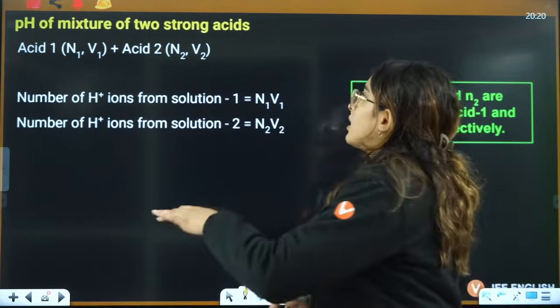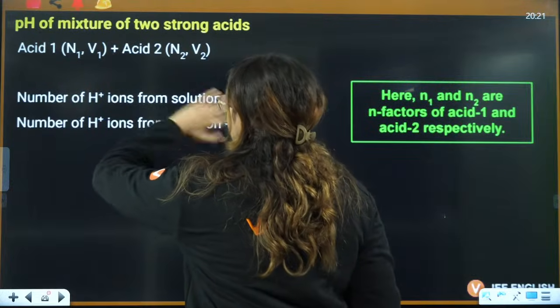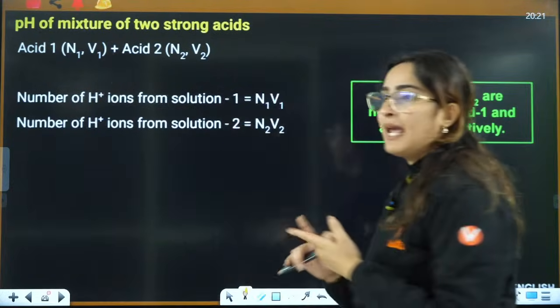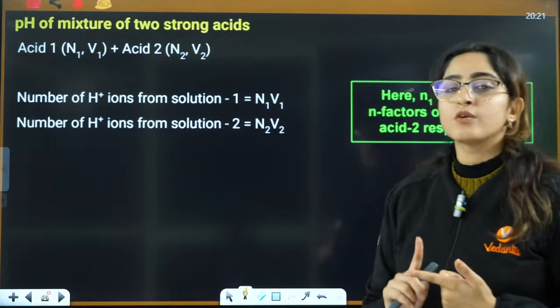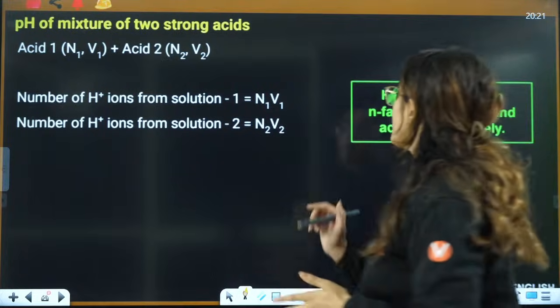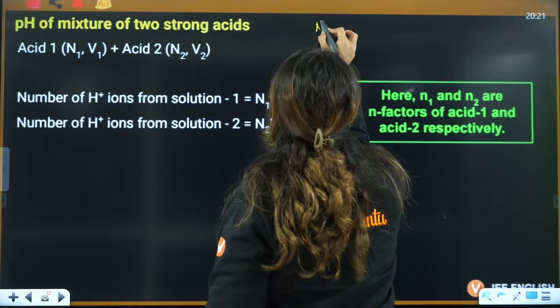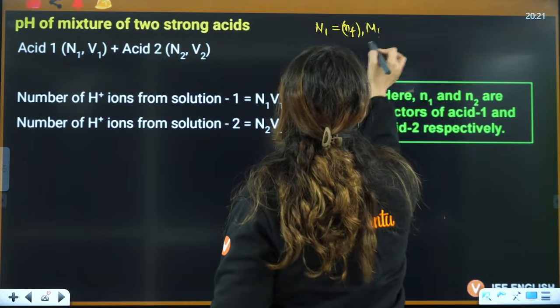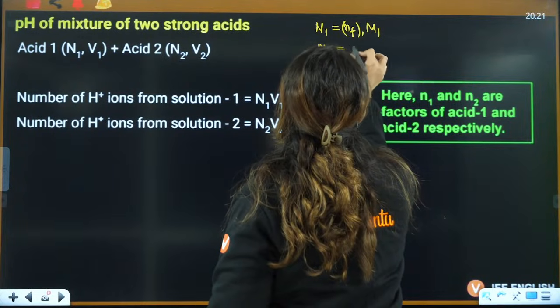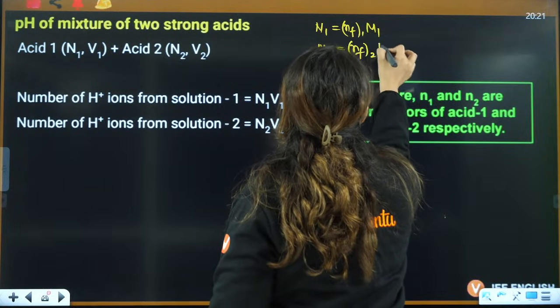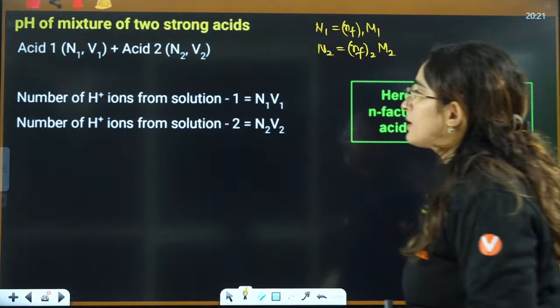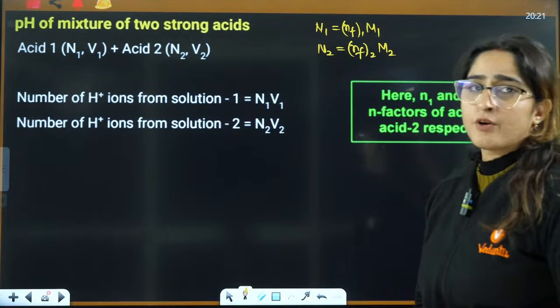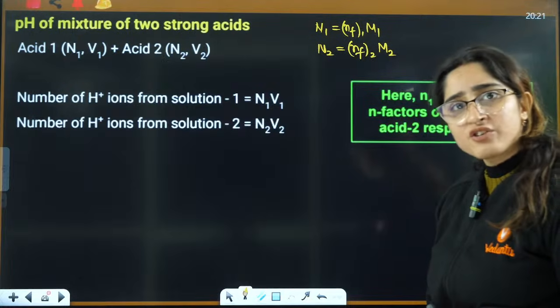pH of a mixture of 2 acids. In this case, N is the normality, V is the volume, M is the molarity. Always remember N1 is equal to n factor of 1 into molarity of 1, and N2 is equal to n factor of 2 into molarity of 2. The n factor is the number of H positive given, or the number of OH negative given.